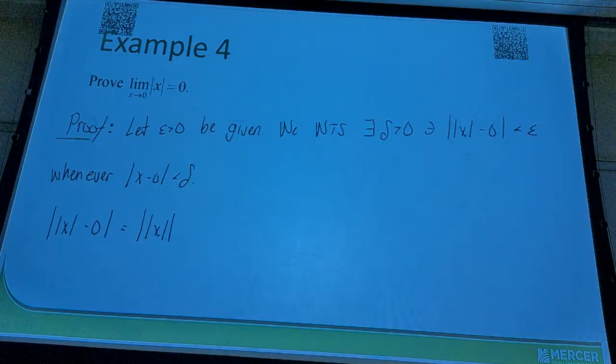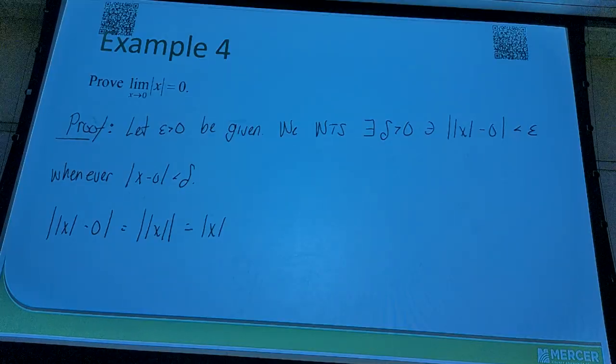What's the absolute value of the absolute value of x? X? Negative x? The absolute value of x. Just the absolute value of x. And what if that's just x, though? What if x is negative 2? Okay. But since the absolute value is already positive, that extra absolute value is redundant.